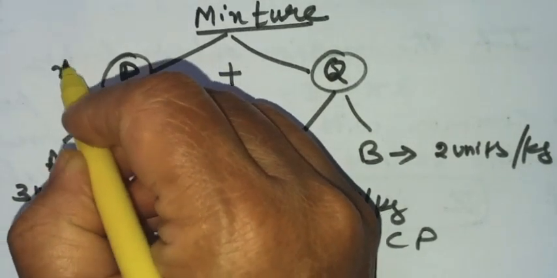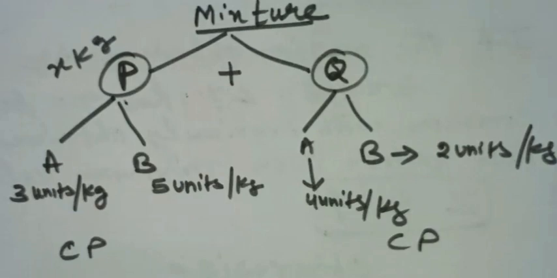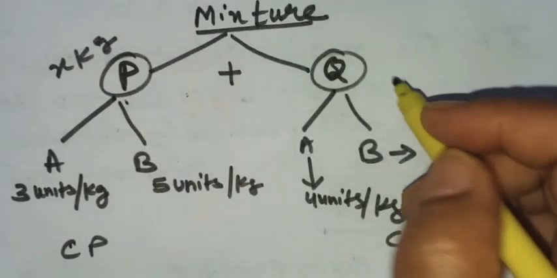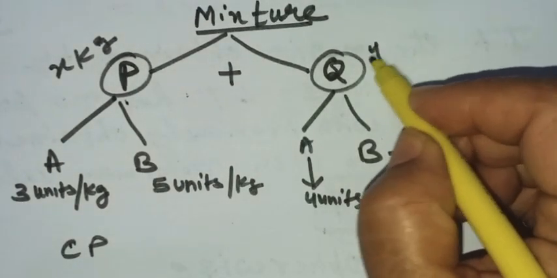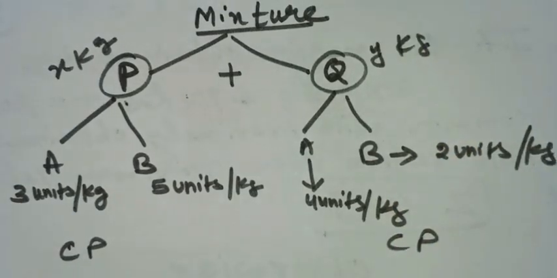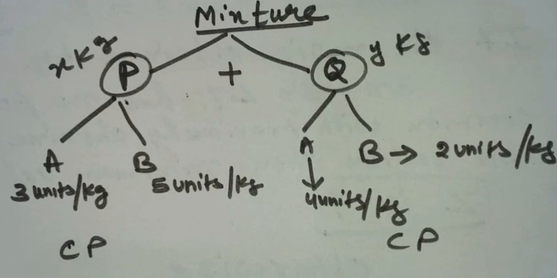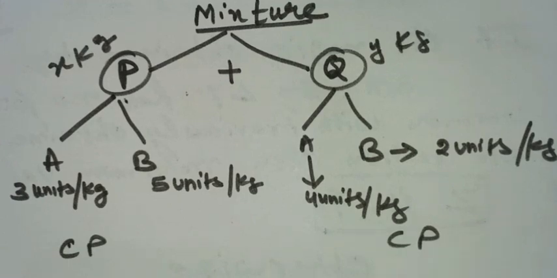So, let us assume that we are mixing x kilograms of food P and y kilograms of food Q, and our aim is to find the values of x and y in such a way that all the restrictions or constraints are fulfilled.